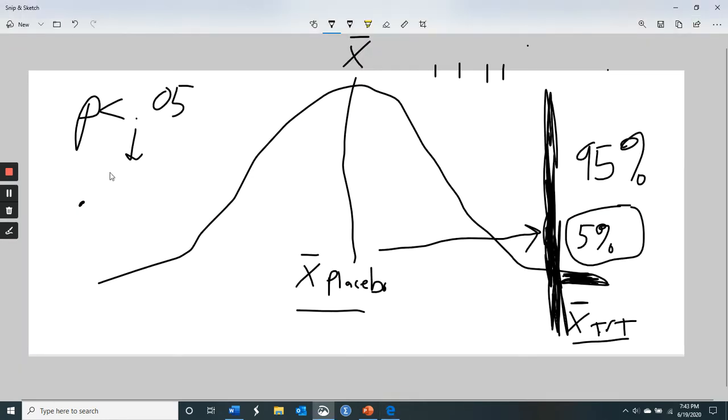So if I'm using the positive z-score, I'm looking for this number. Why this number? Because 95% of the scores are below that number, 5% are above. So I'm looking for the z here, that 95% are below, 5% are above. So I'm looking for 0.9500.